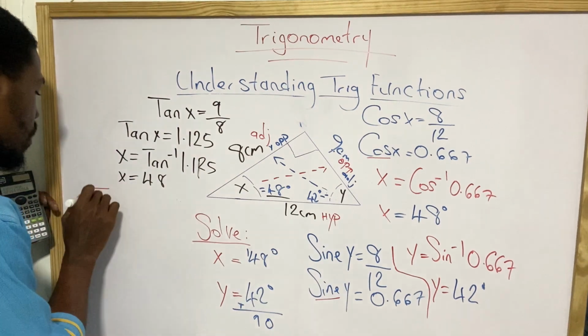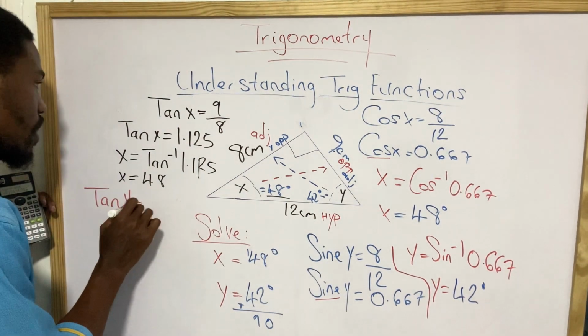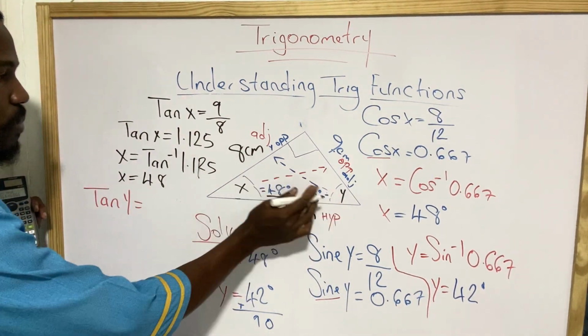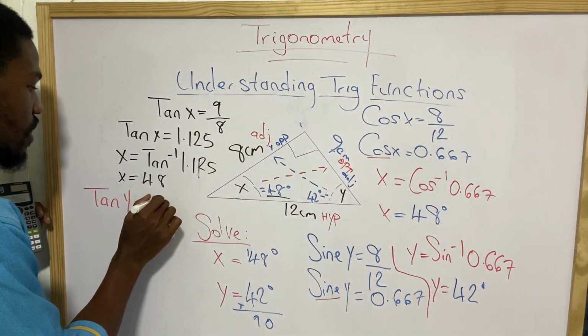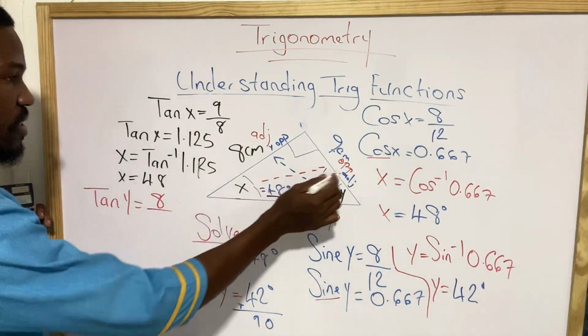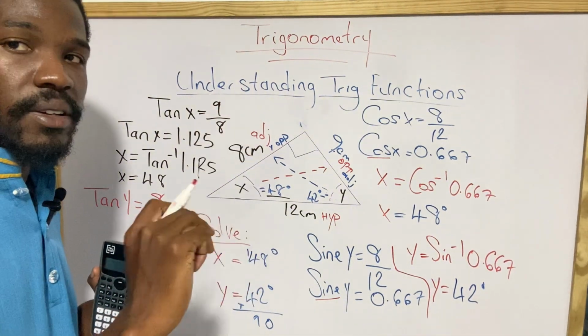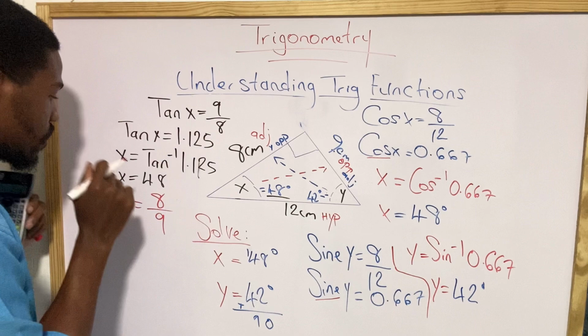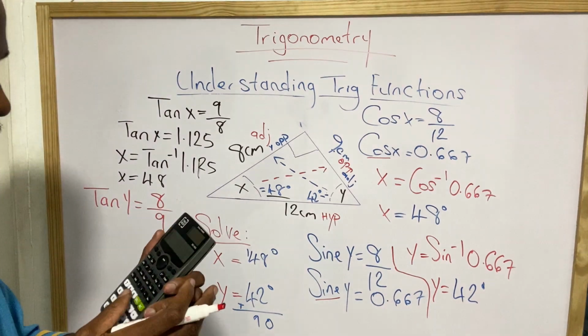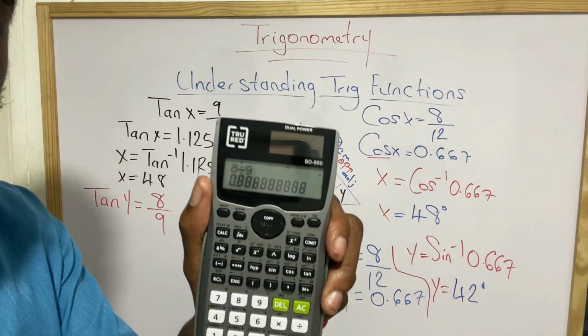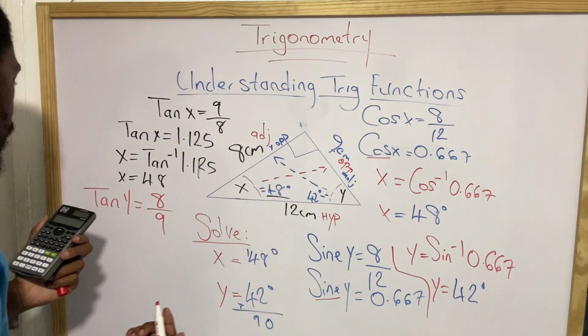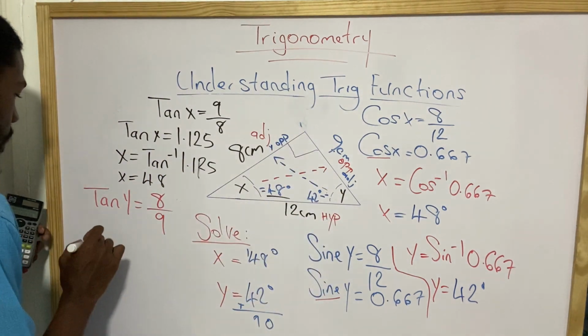So let us say we have the tan of y, and the opposite for y would have been the 8 in this case, and the adjacent for y would have been the 9. So here you realize now that there's literally a twist. So you now have to say 8 divided by 9, which is actually 0.888, or you could just simply say 0.89, right?